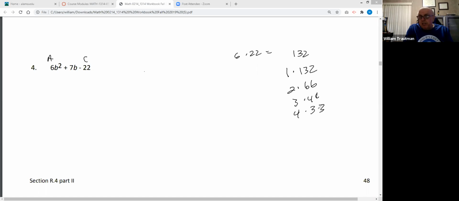Interesting, 66, 44, 33, all double numbers. 132 divided by 5, no. Divided by 6, look at this. 6 times 22.